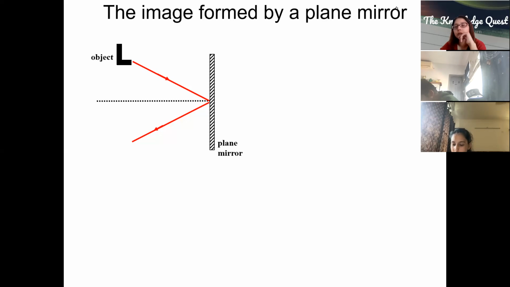So the one which is coming towards the mirror is the incident ray, and the one which is being reflected back is the reflected ray. Done? Reflected ray drawn?